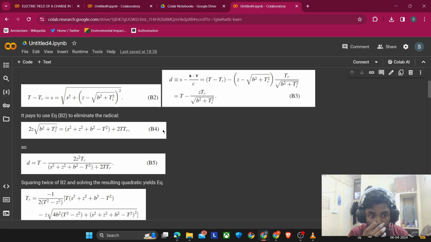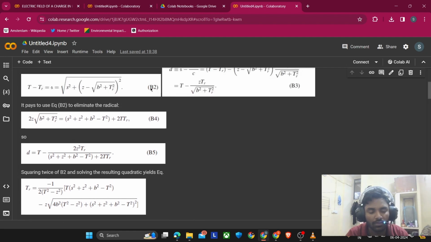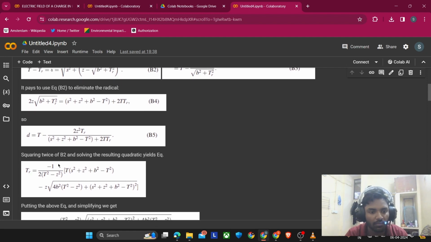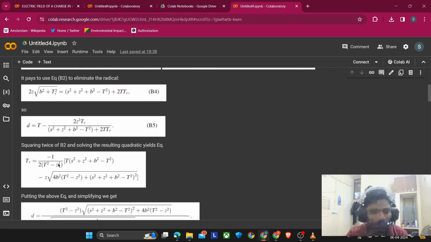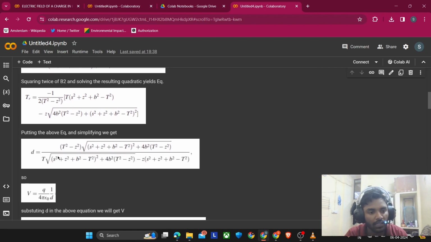Substituting B4 in B3 we get the B5 equations, and again squaring B2 we get the TR values. Substituting this TR in the B5 equation, we get the complete equation of D.